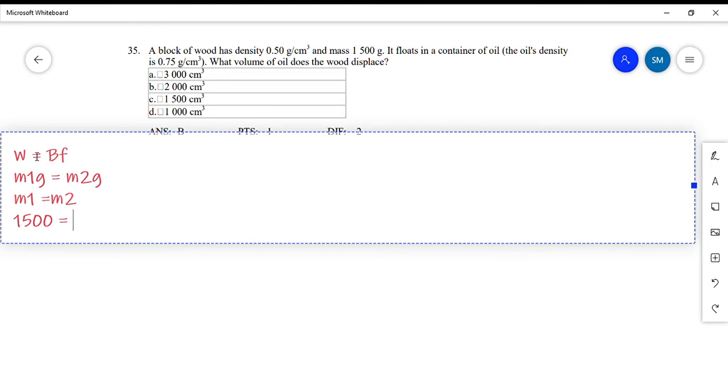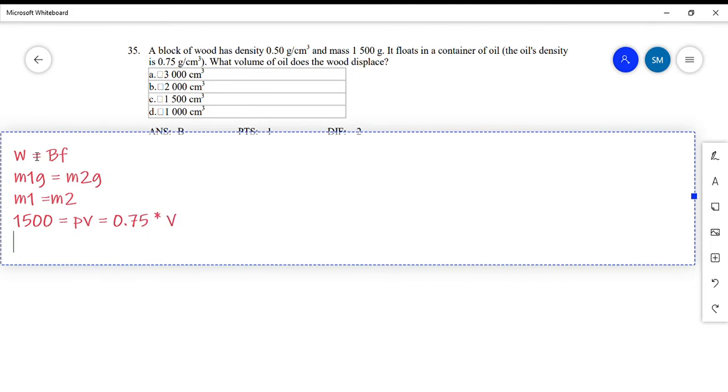M is ρV, the density times the volume. The density of the oil is, sorry, 0.75 times the volume.